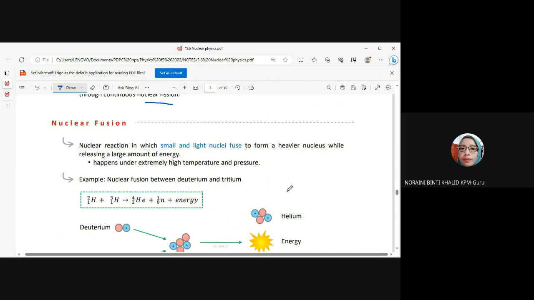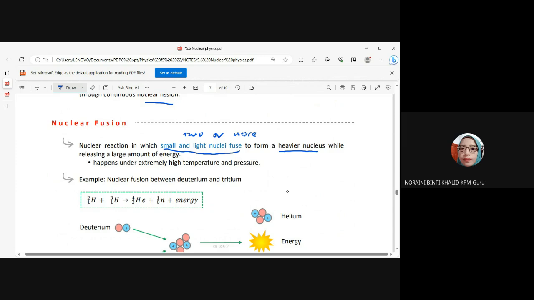Nuclear fusion is when small and light nuclei fuse. Okay, two or more lighter nuclei, sepatutnya lebih, dua atau lebih. Lighter nuclei fuse maksudnya dia join balik, dia combine to form heavier nucleus while releasing large amount of energy.